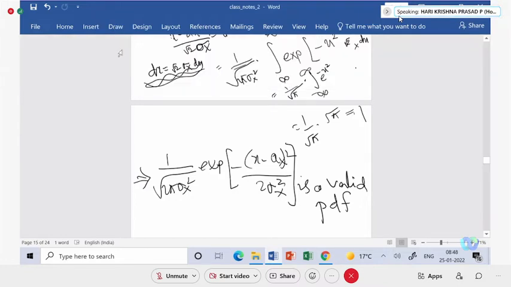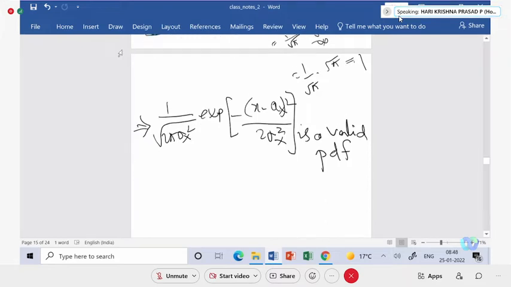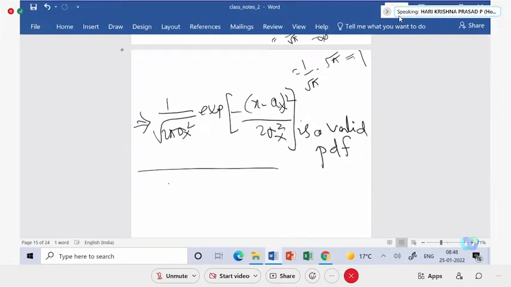Next thing is, I need to compute the distribution function corresponding to this density function. By definition, the distribution function is the area under the density function up to a certain value of x.